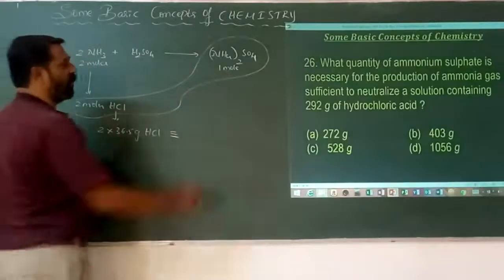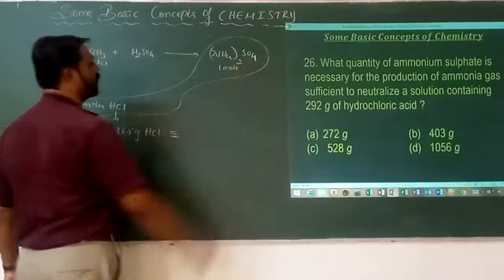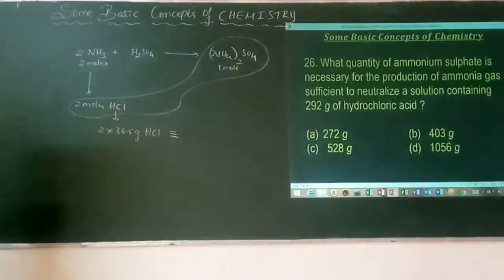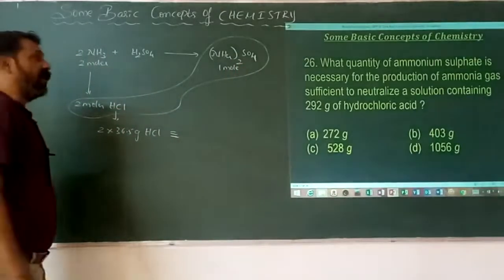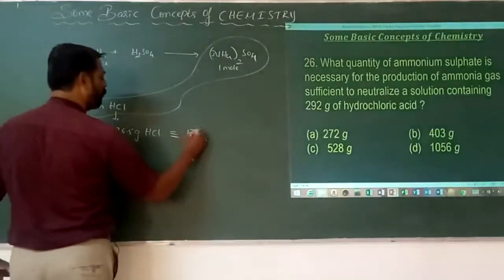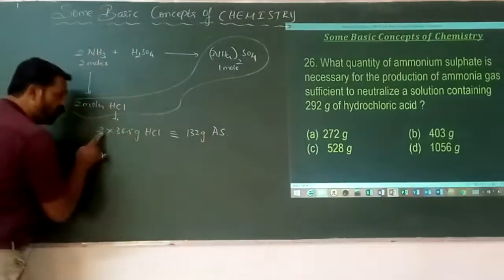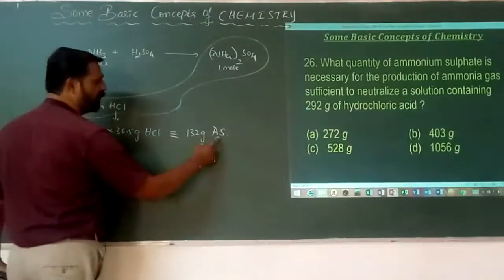What is 1 mole of ammonium sulfate here? If I simplify this, SO4 is 96, NH4 is 18, 2 times 18 is 36, 36 plus 96 is equal to 132 grams of ammonium sulfate. How much? 2 into 36.5 grams of HCl is equal to how much?